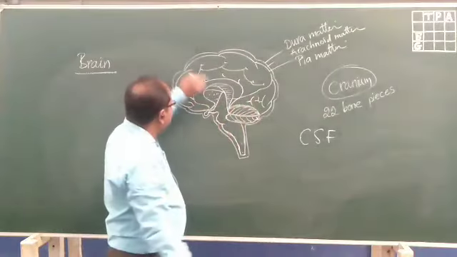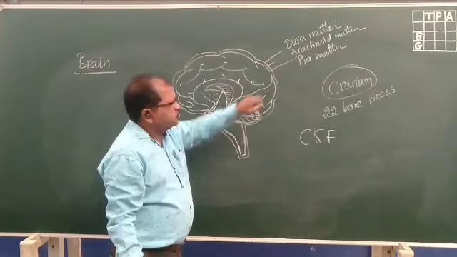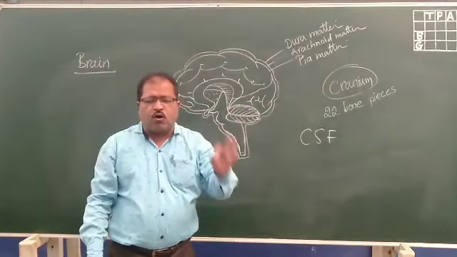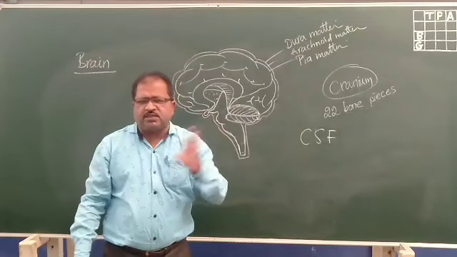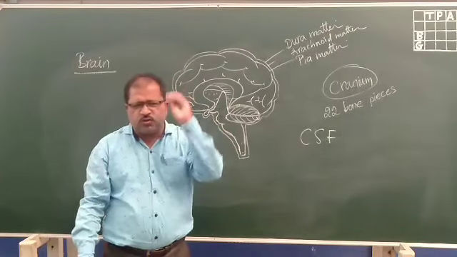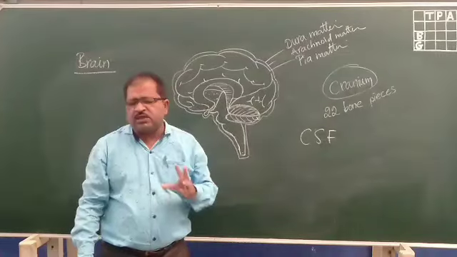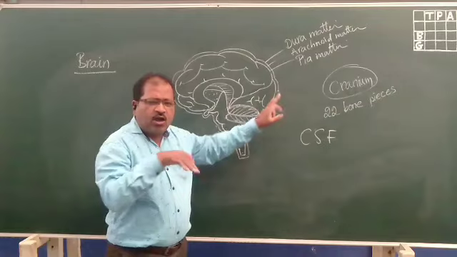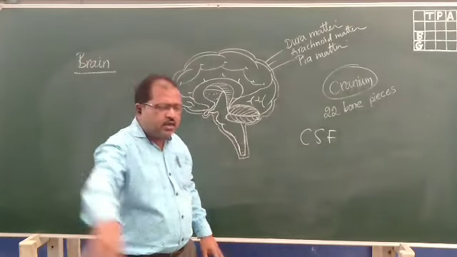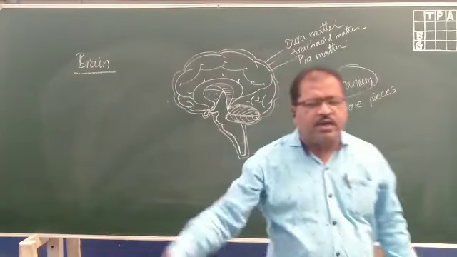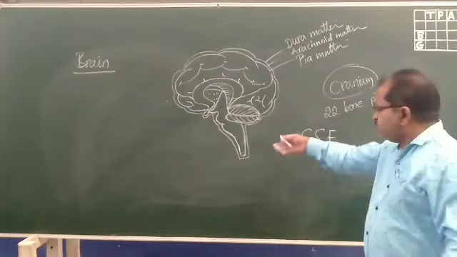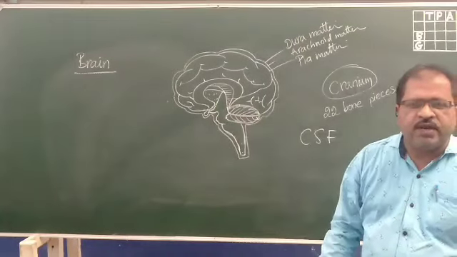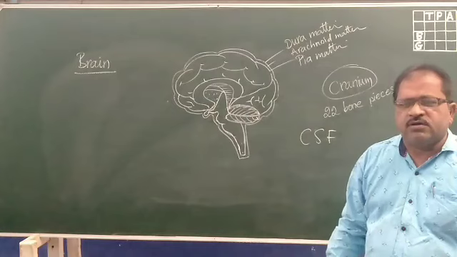Not only in the gaps, but whatever convolutions are presented in the brain, those spaces are called ventricles. In those spaces also the cerebrospinal fluid is presented, and it is presented not only in the brain, it is also presented in the central canal of the spinal cord. We will learn about the central canal in the spinal cord topic.